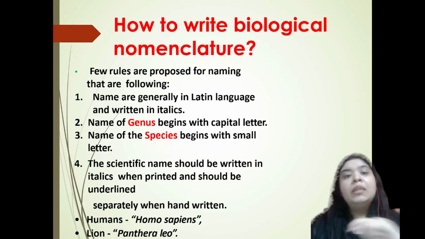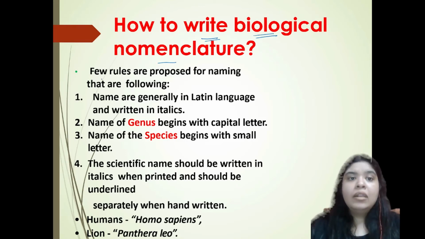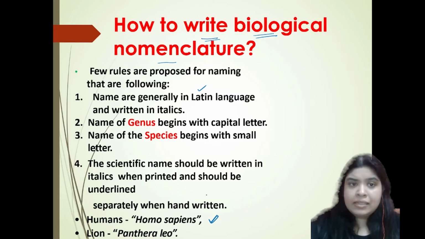Now, how to write the binomial nomenclature? There are some rules which we need to follow while writing the biological binomial nomenclature. Let us talk about each one of them. Generally, the names are written in the Latin language and they are written in italics, like when they are printed.